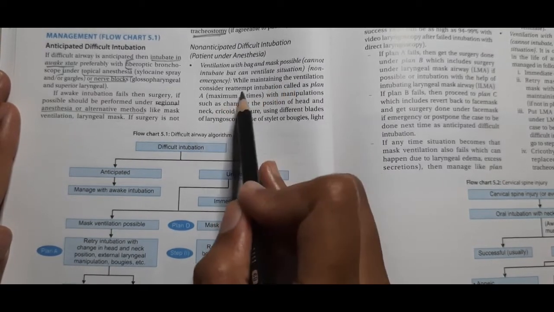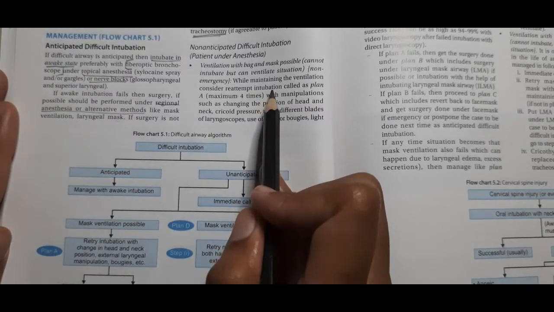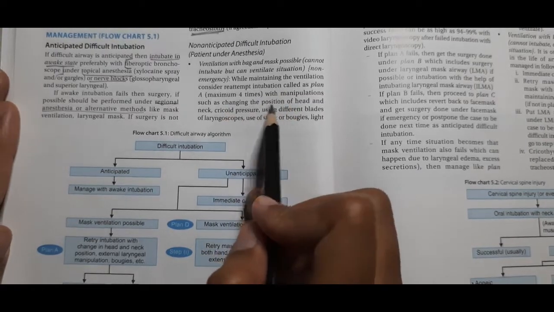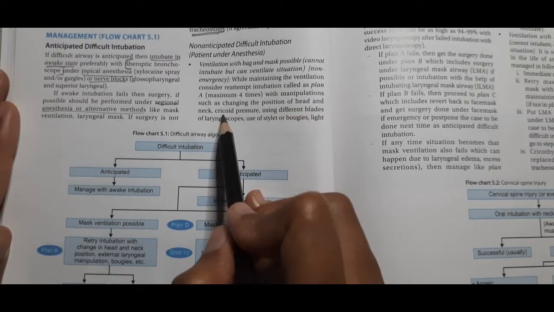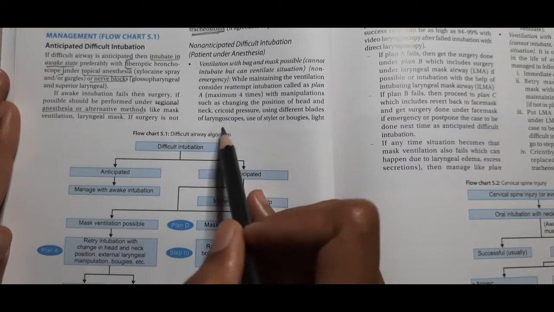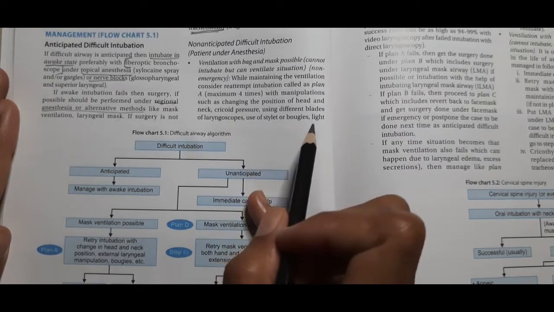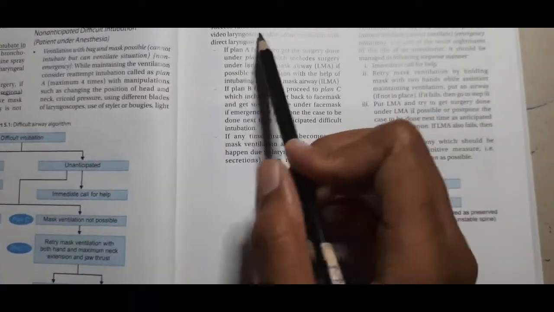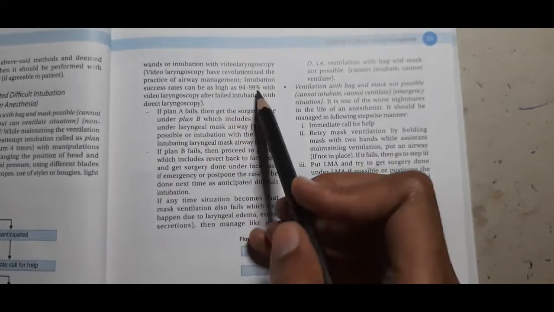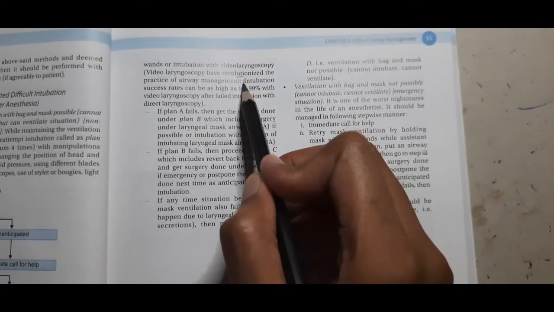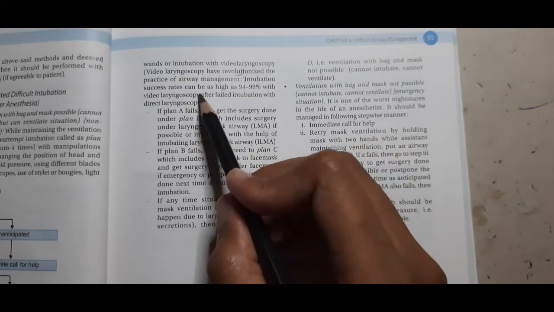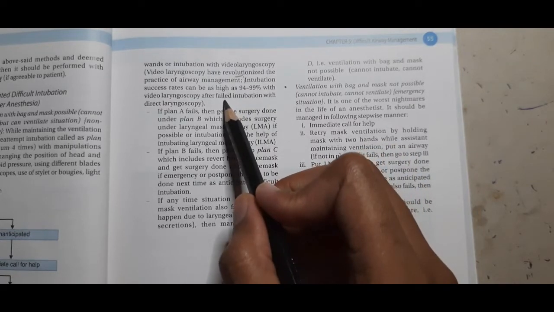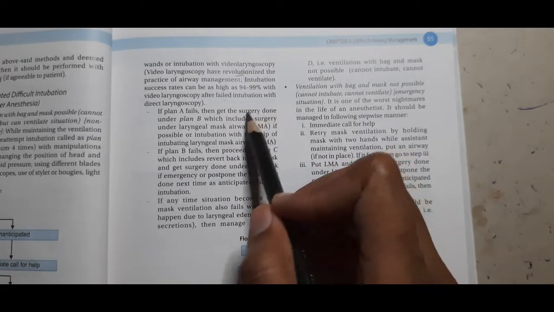While maintaining ventilation, consider reattempting intubation, called plan A, a maximum of 4 times, with manipulations such as changing the position of head and neck, cricoid pressure, using different blades of laryngoscope, and use of stylet and bougies, light wands, or intubation with video laryngoscopes, and practice of airway management have revolutionized the practice of intubation. Success rates can be as high as 94 to 99% with video laryngoscope after failed intubation with direct laryngoscope.